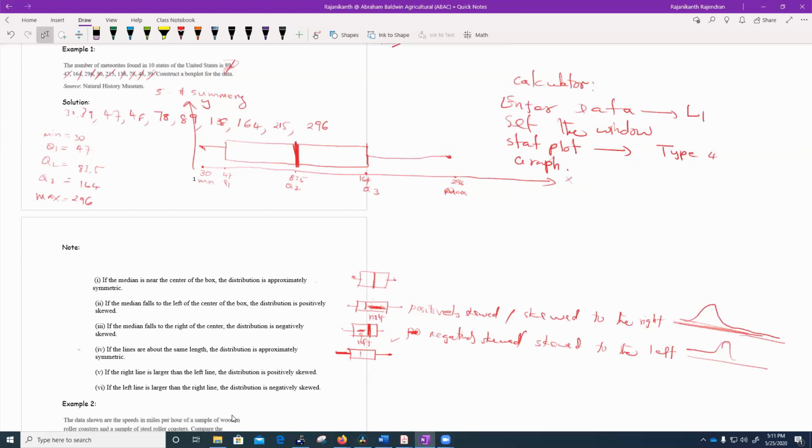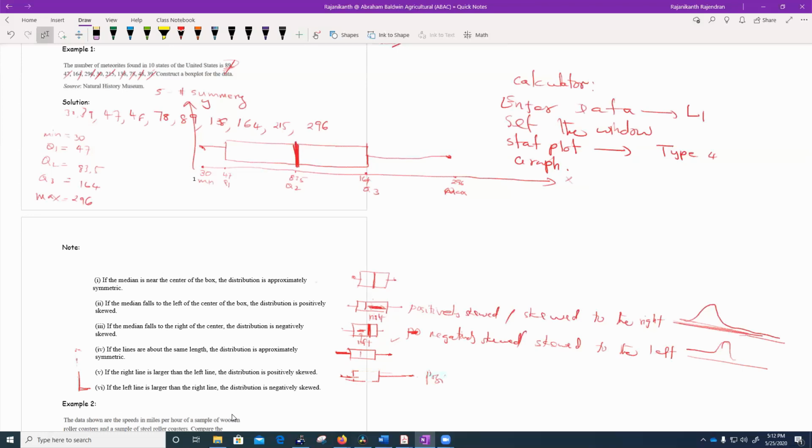Okay, so these three pieces of information describe what? The outside lines of the box. Suppose the right line is larger than the left line, if you have a picture like this, but now the right side line is larger than the left side line, then this is positively skewed, right?